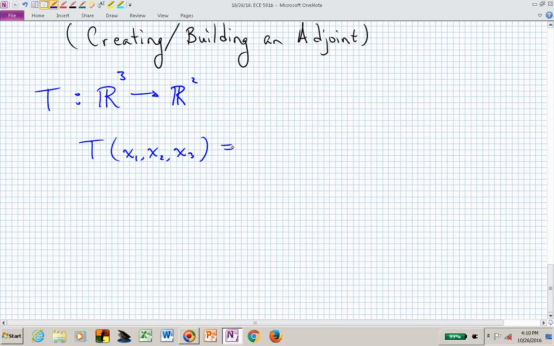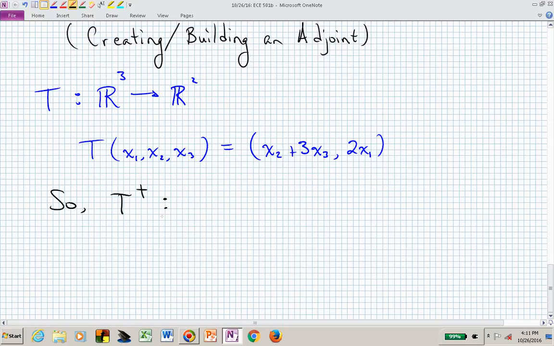And let's say our linear map produces the first coordinate of the output in R2 to be x2 plus 3x3, and the second coordinate to be 2x1. If that's our linear map, which is dimension-reducing, what do we know about the adjoint T dagger?